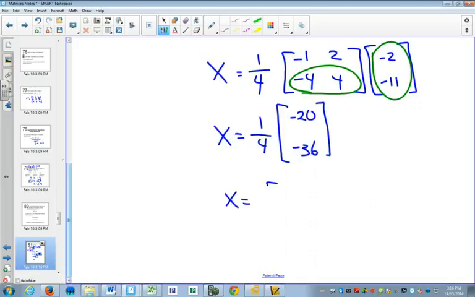Multiply them by 1/4. And at this point you say, thank you, Mr. JR, I really like the other way a lot better. It's not too bad.